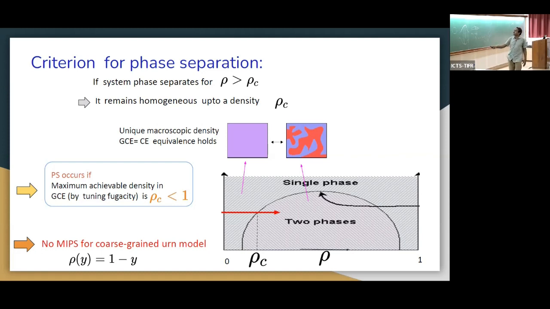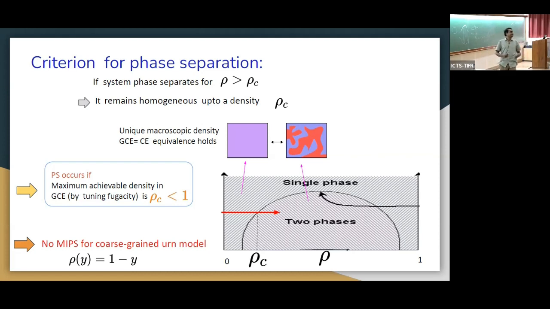If this happens, then up to this point it remains homogeneous, of course. And a homogeneous system has a good description in the grand canonical ensemble. Grand canonical and canonical equivalence holds. So if you study a system in the grand canonical ensemble, phase separation occurs if the maximum achievable density in the grand canonical ensemble is less than 1.